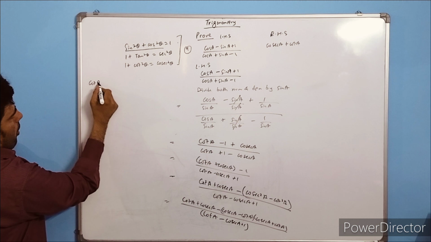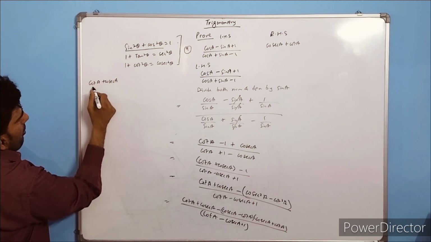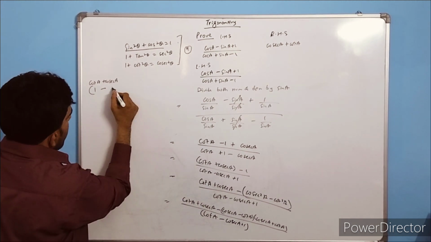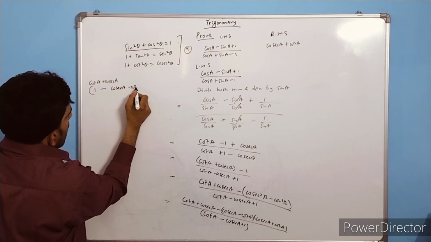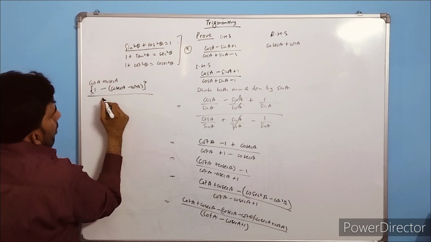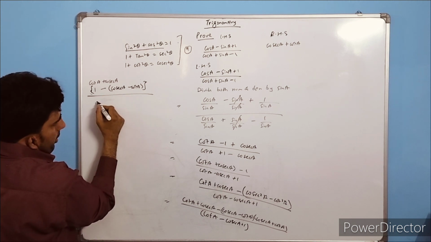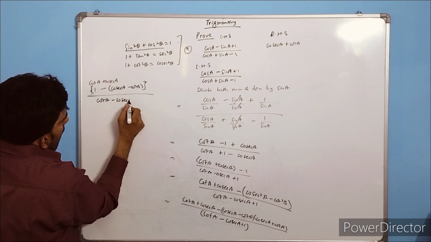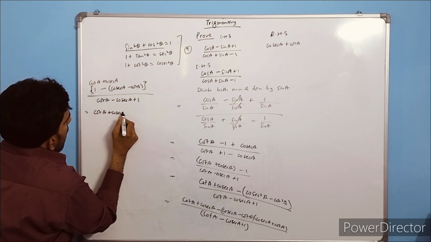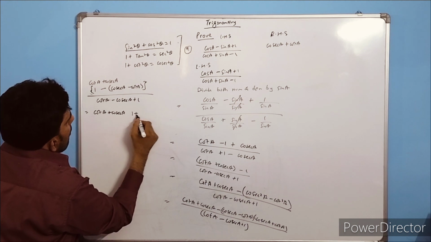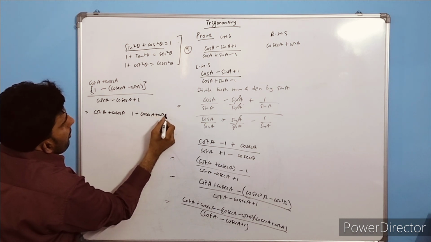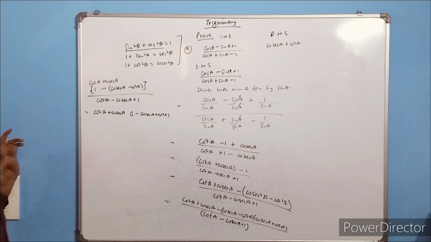Here I can write cot A plus cosec A, I have taken common, left with 1 minus cosec A plus cot A. Oh no, it will be minus cosec A plus cot A, because I have just opened the bracket and outside the bracket is a minus sign, so we multiply with it.